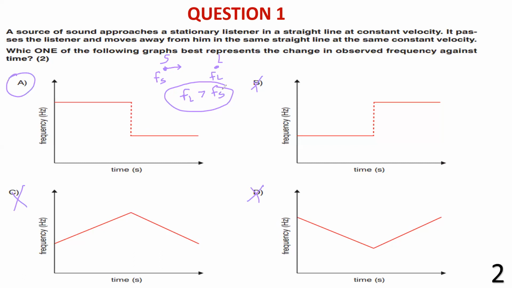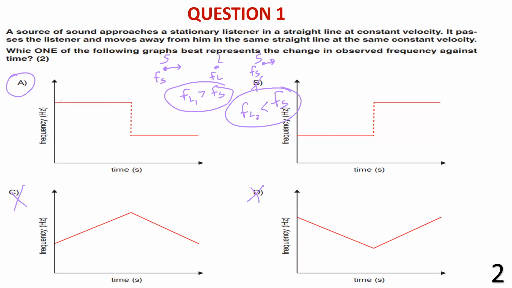But in the second process, the source of sound is now going away from the listener, just past the listener, going this way. Now FL1 and FL2, you can say coming and going, FL2 is less than Fs, smaller than Fs.